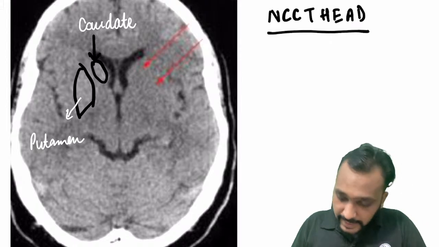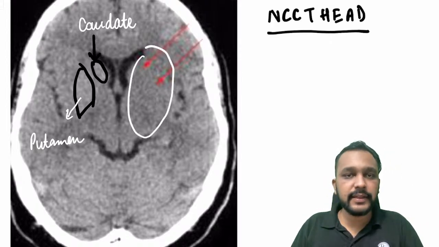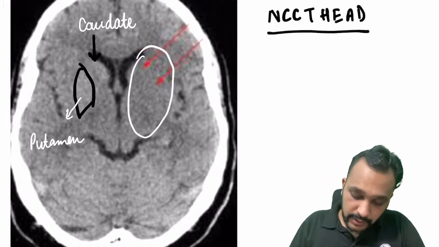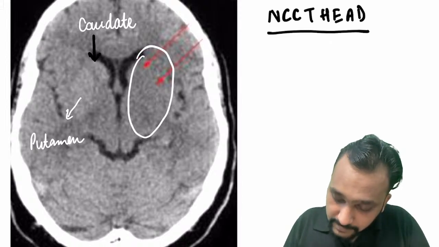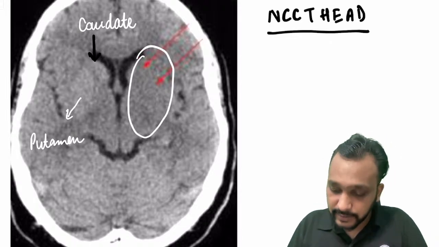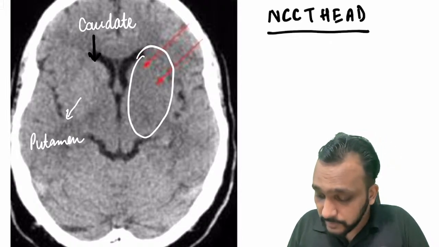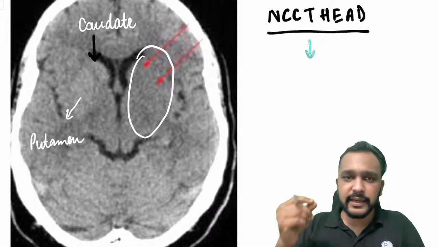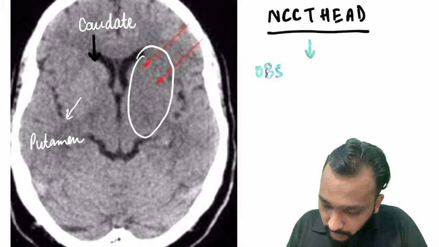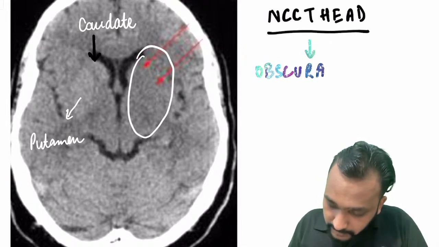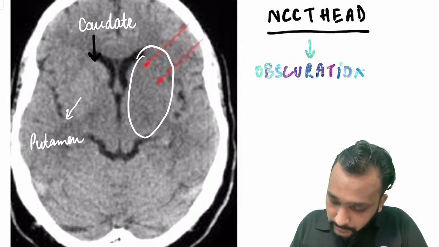Now if you look at the left side, guys, you are not able to appreciate the basal ganglia. And when you are not able to appreciate the basal ganglia, here comes another very important sign that is known as obscuration of the lentiform nucleus.